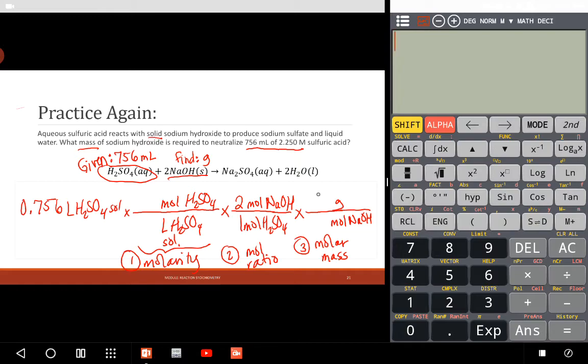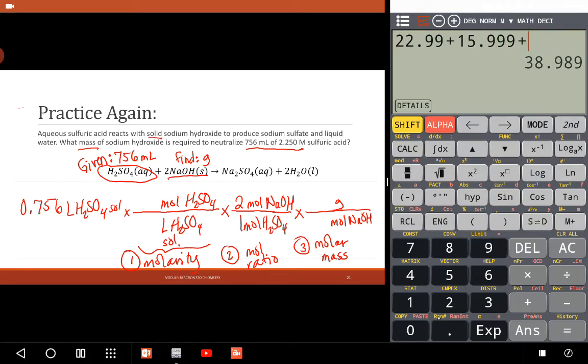I am not given the molar mass of sodium hydroxide, so I'm going to need to calculate that from my periodic table. So 1 sodium is 22.99, add on an oxygen and 1 hydrogen, and so that is 39.997 grams of sodium hydroxide in every 1 mole.